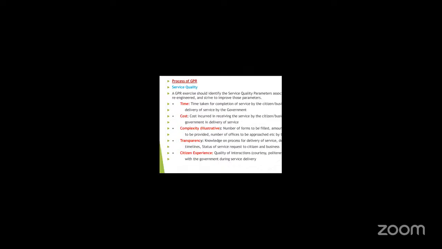Then the process of government re-engineering. The GPR requires the transformation from the traditional planned administration system during the administration process. Now we will go to the concepts of GPR. In the GPR process, we have many concepts.